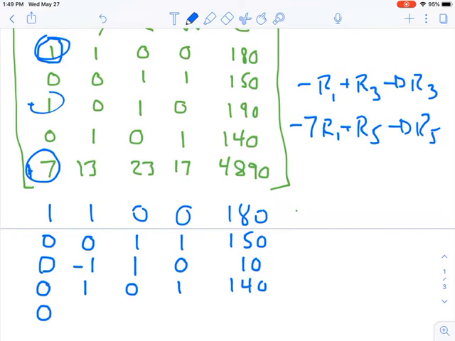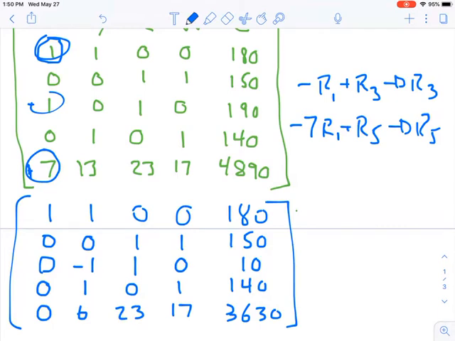Going to column 2, negative 7 times 1 is negative 7 plus 13 is 6. Going to column 3, negative 7 times 0 is 0 plus 23 is 23. Then the next column, we're going to have 17. And then negative 7 times 180 plus 4890 ends up being 3,630.